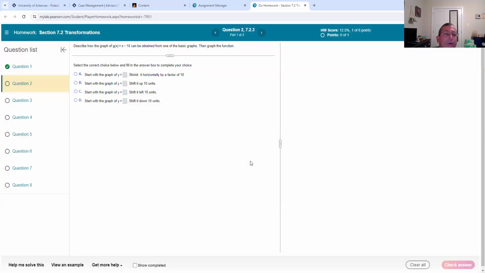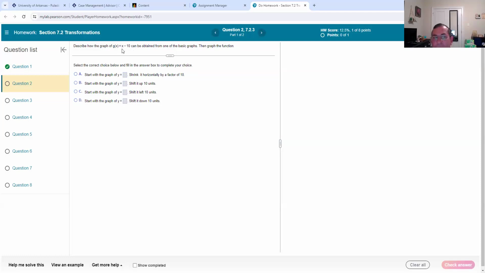All right, y'all, let's look at this number 2. So this is g of x equals x minus 10. Well, the x would be my basic graph for the line graph, the very first one we had where we said y equals x.